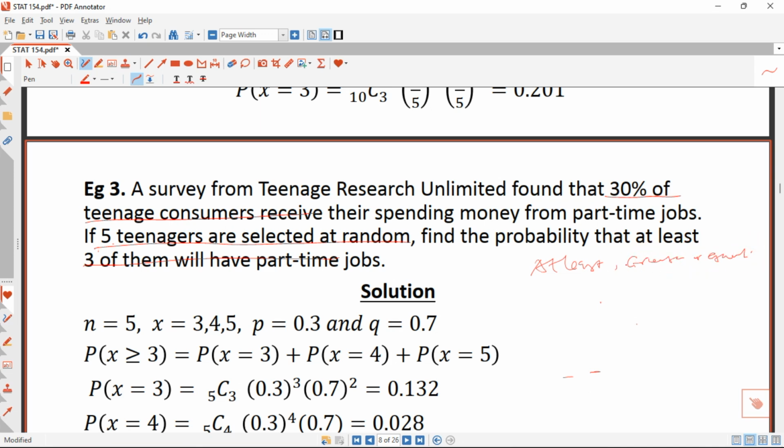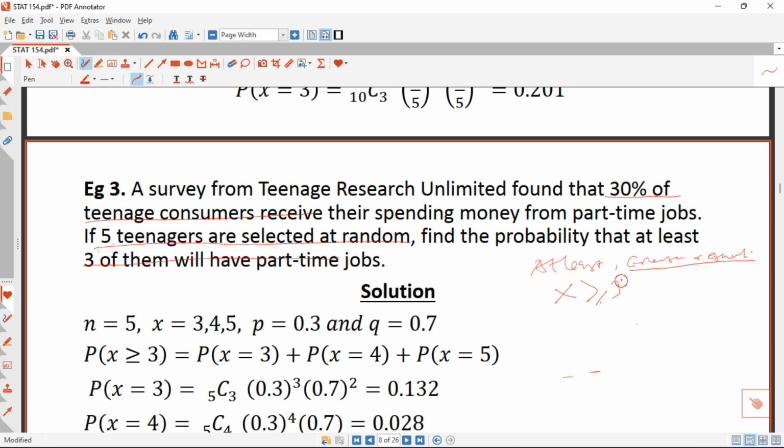For instance, we are trying to find the probability that at least 3 of them will have a part-time job. So here our x will be greater than or equal to 3.